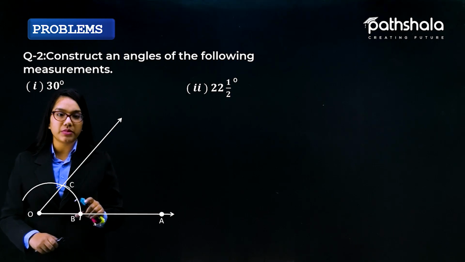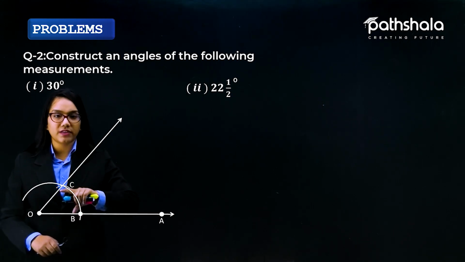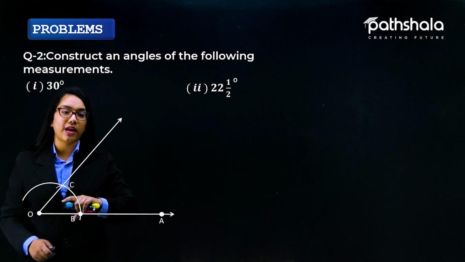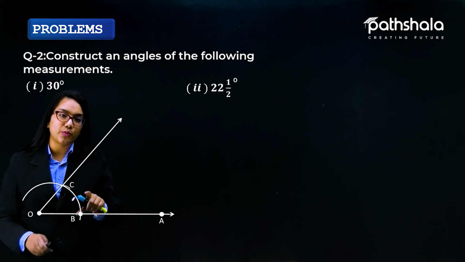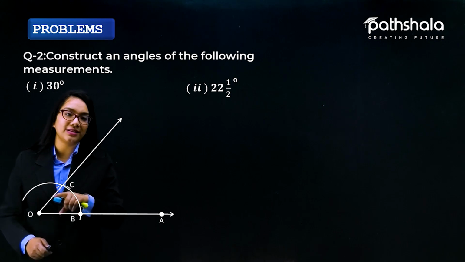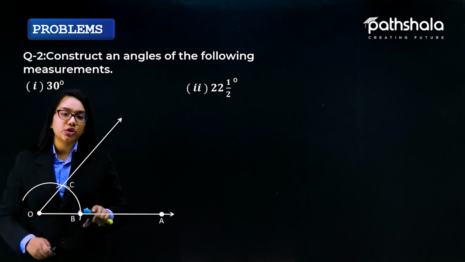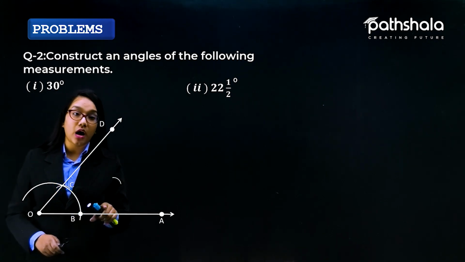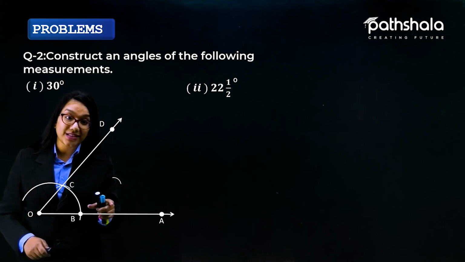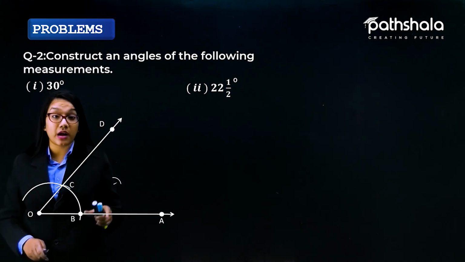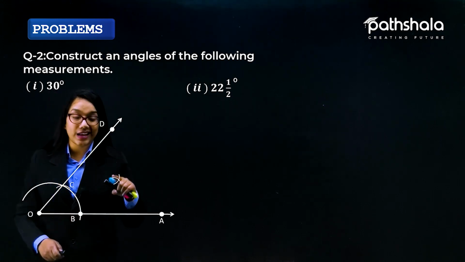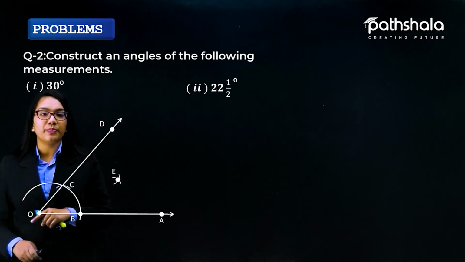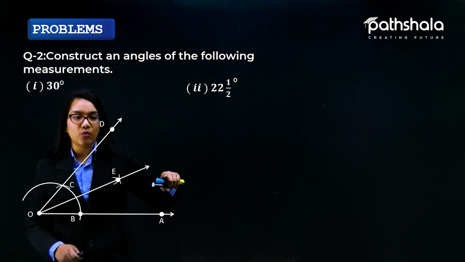Using the compass again, with BC, I'm marking an arc taking B as a center, and taking C as a center, again I'm marking an arc over here, and I'm calling this point E, and further I'm joining OE with a ray.